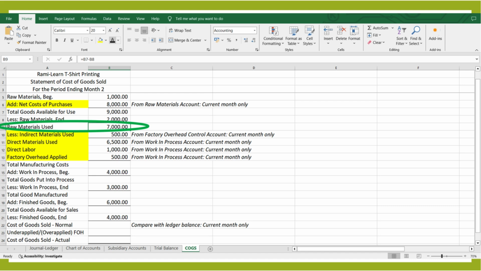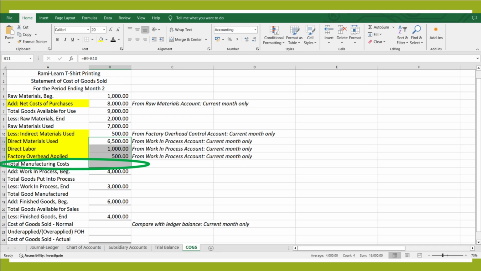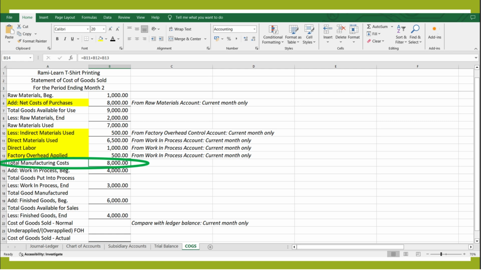Therefore, 9,000 pesos minus 2,000 pesos equals 7,000 pesos. Direct materials used plus direct labor plus factory overhead applied equals total manufacturing costs. Thus, 6,500 pesos plus 1,000 pesos plus 500 pesos equals 8,000 pesos.